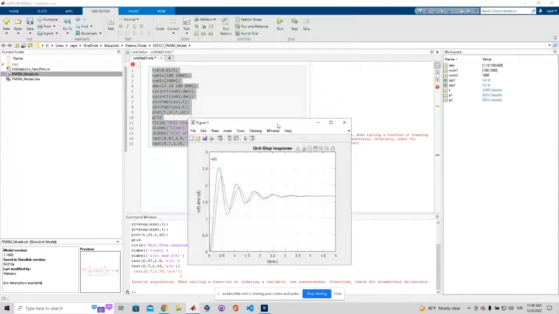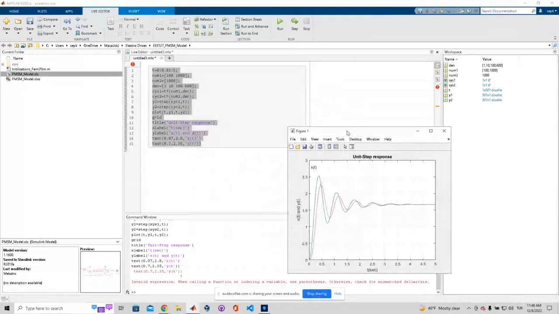Okay, so this is your unit step response for the system that we defined. With your numerator and denominator, you can create a transfer function.